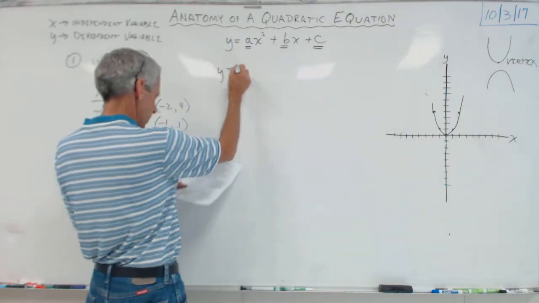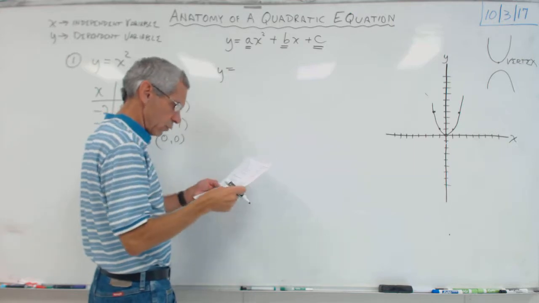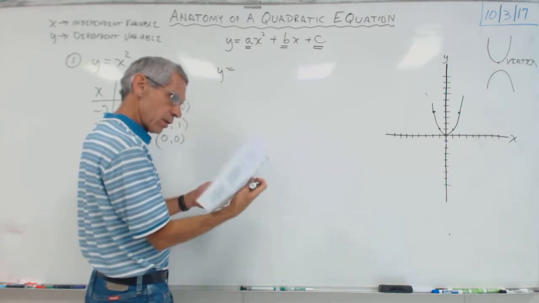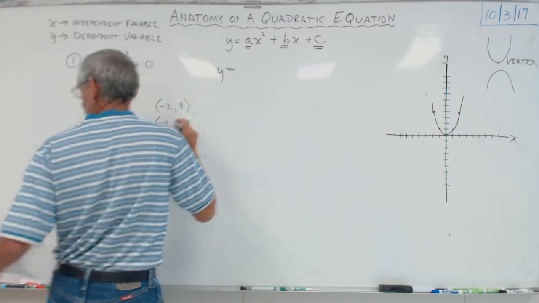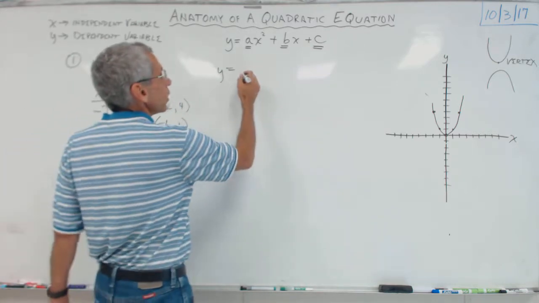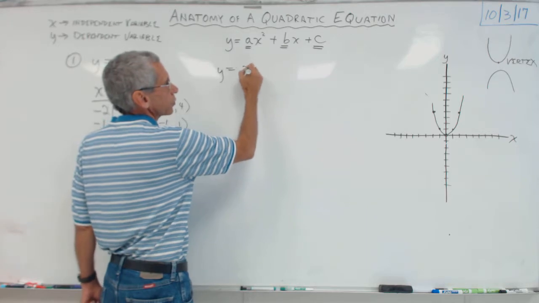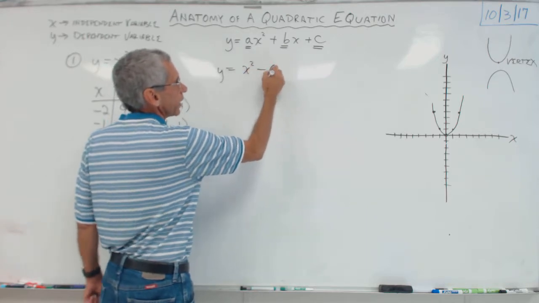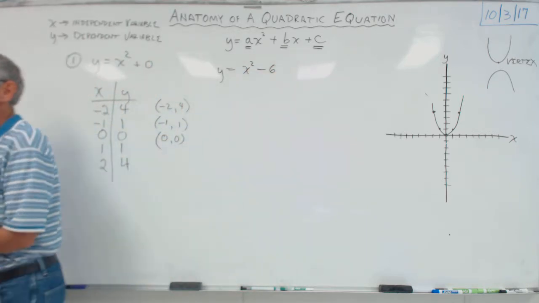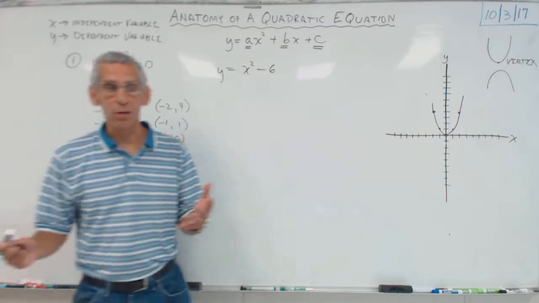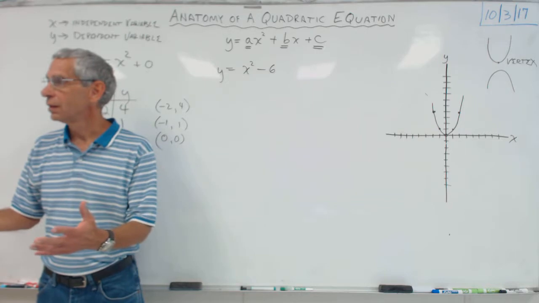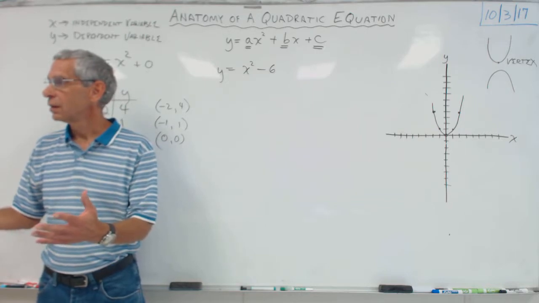Y is equal to, let me be sure I don't use one on here. All right, I think we're okay. All right, y is equal to x squared minus 6. What is b? 0. b is 0. What does that tell me? That's the y-axis.